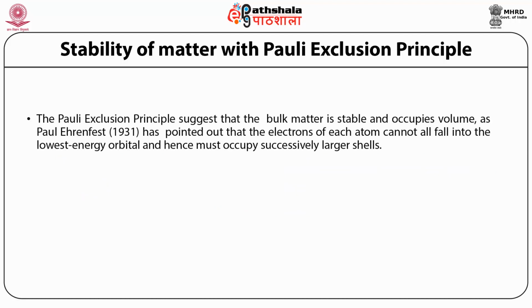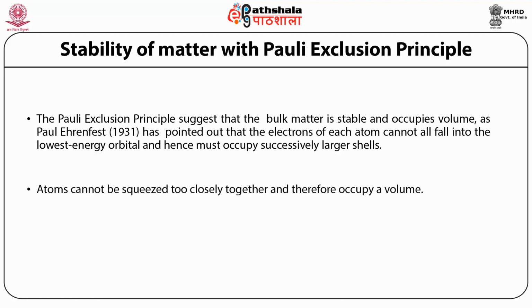The Pauli exclusion principle suggests that bulk matter is stable and occupies volume. As Paul Ehrenfest pointed out in 1931, the electrons of each atom cannot all fall into the lowest energy orbital and hence must occupy successively larger shells. Atoms cannot be squeezed too closely together and therefore occupy a volume.